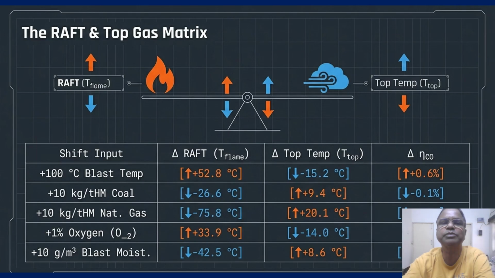We use this precise mathematical relation to ensure that every input shift is compensated for by a corresponding blast adjustment. While thermal balance keeps the furnace hot, our ultimate goal is maximizing the productivity engine.